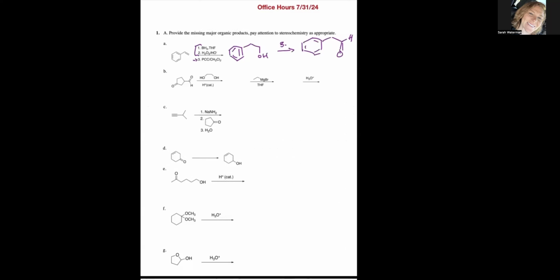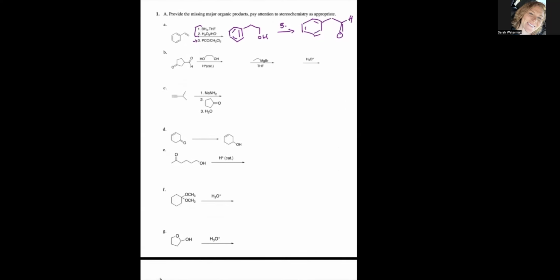On B, we have a multiple step reaction here as well. So this is one equivalent of this. And so remember that we want to protect, in this case, we're going to protect our aldehydes because aldehydes are more reactive.